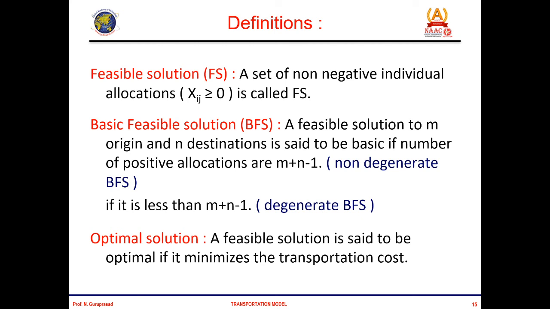We will see the difference between both degenerate and non-degenerate as we proceed in solving the problems. And the last definition is the optimal solution. Of course, the crux of the entire operations research world is optimality. A feasible solution is said to be optimal if it minimizes the transportation cost.